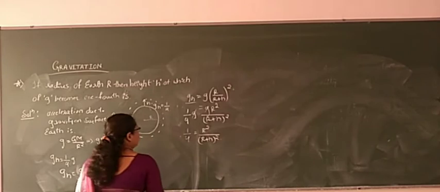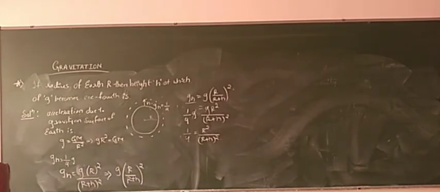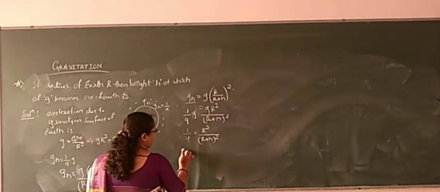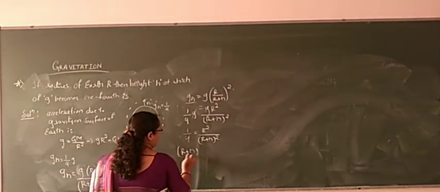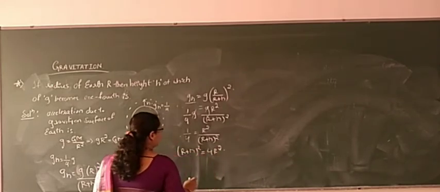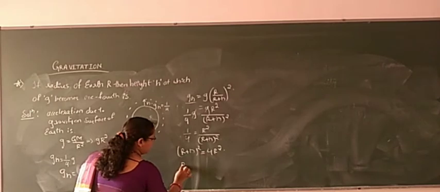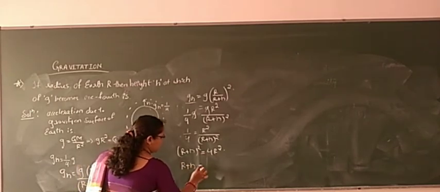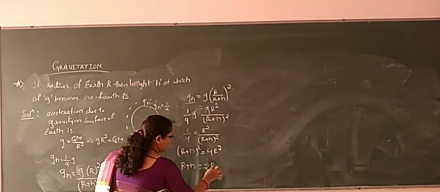Now we'll cross multiply here, (R + h)² is equal to 4R². Now take the square root outside. What we will have is R + h equals 2R, right?